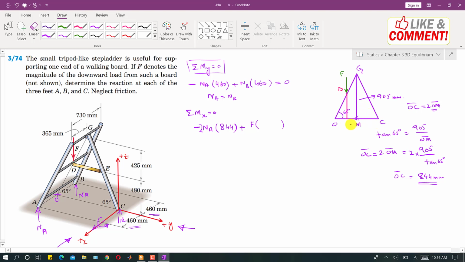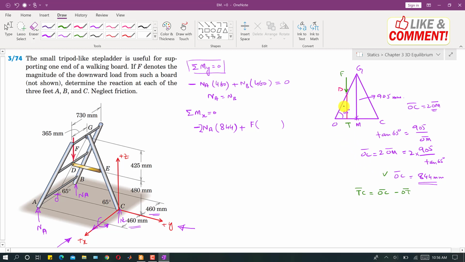Let's say this is T. So we have to find this TC length. TC is equal to OC minus OT. We know the OC length, so we have to find OT.